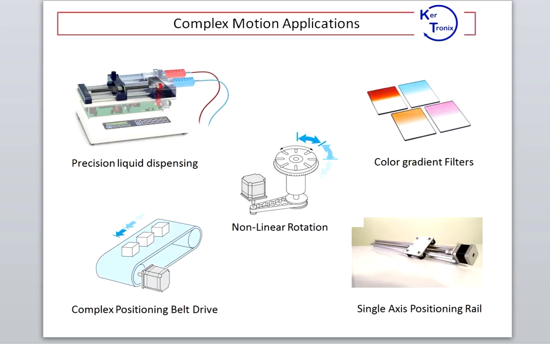The idea for this solution came from a product we developed for a customer some years ago who required a high degree of flexibility in creating profiles for manufacturing color gradient filters for cinema photographers.